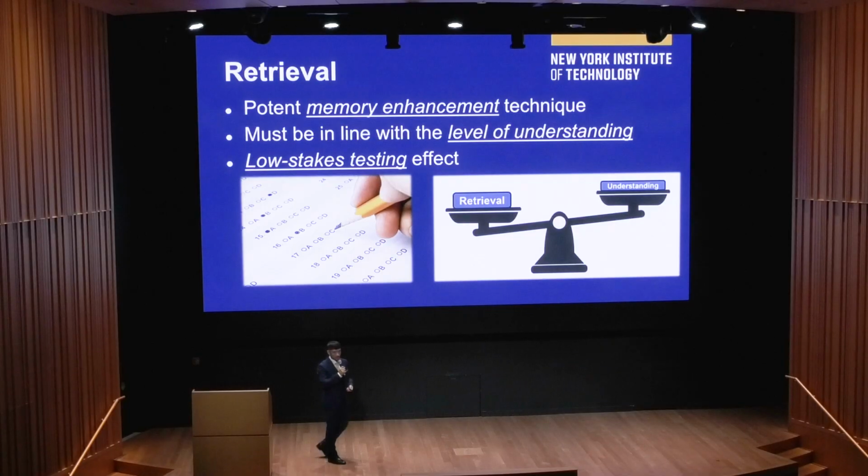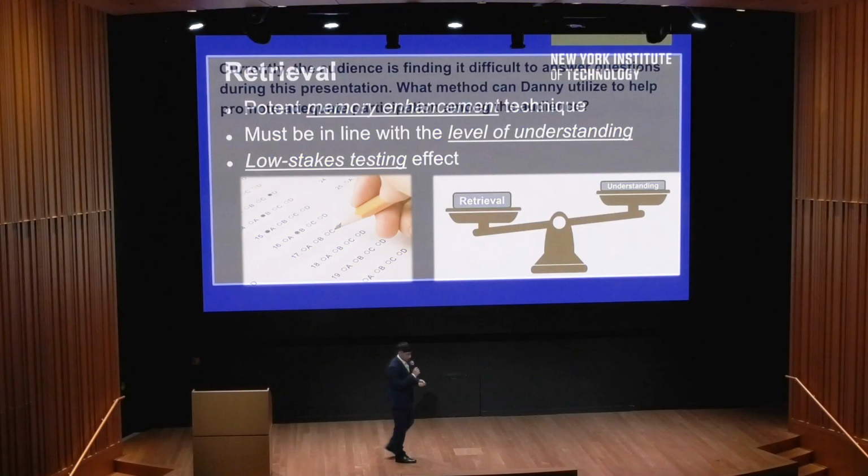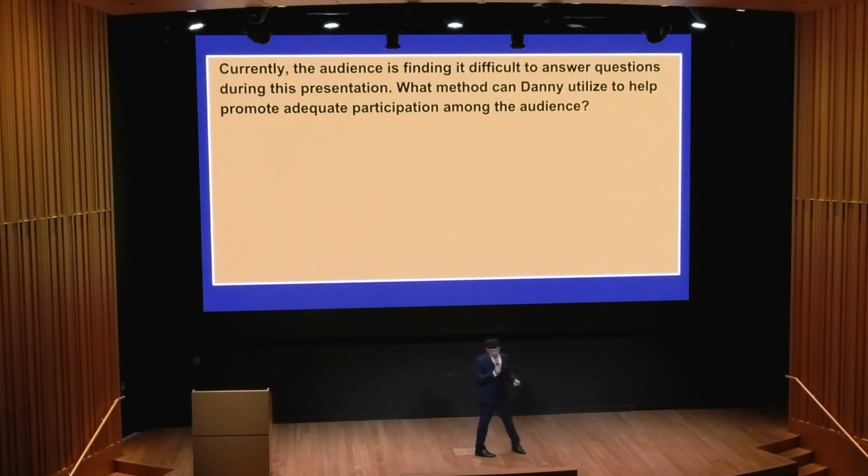So here's another activity for you all. I have a question, and guess what? We're doing the thumbs up method once again. So the question is, currently, the audience is finding it very difficult to answer questions during this presentation. What method can Danny utilize to help promote adequate participation among the audience?